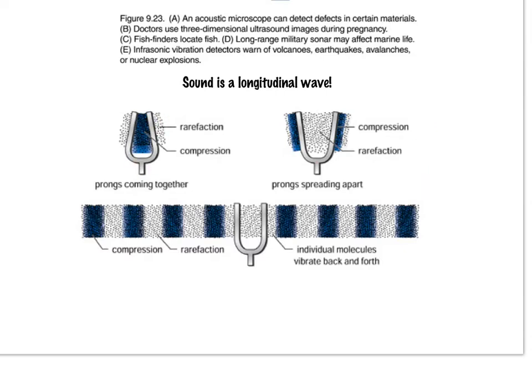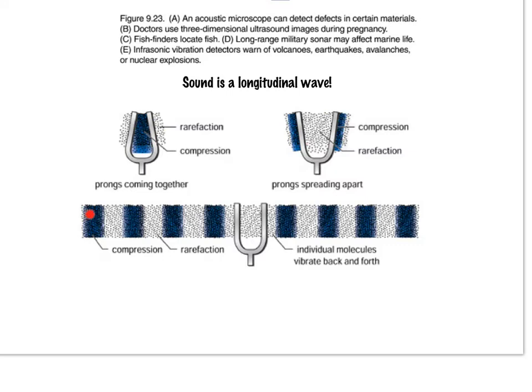What we're looking at here is that once the prongs come together, they'll compress or hit the nearby molecules, and you'll get a compression that forms right in between the two prongs, where we get a rarefaction that kind of looks like the molecules are stretched out. But then once the prongs are spreading apart, you get a rarefaction in between and a compression just out on the outer side of the prongs.